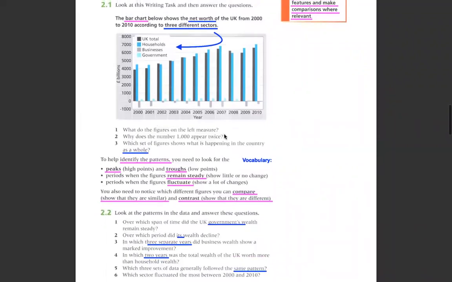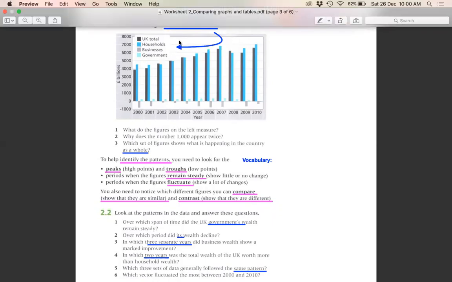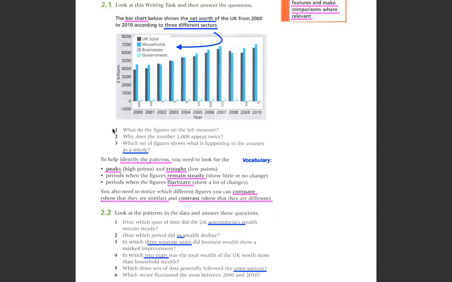So let's have a look at this over here. It's a bar chart, okay? It shows the net worth of the UK from 2000 to 2010 according to 3 different sectors. Okay, so the first question over here says, what is being measured on the left? So please let me know in the chat box.